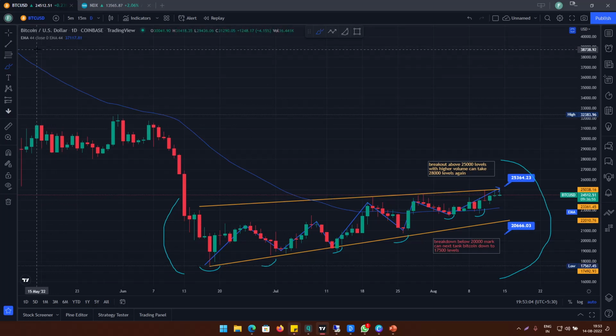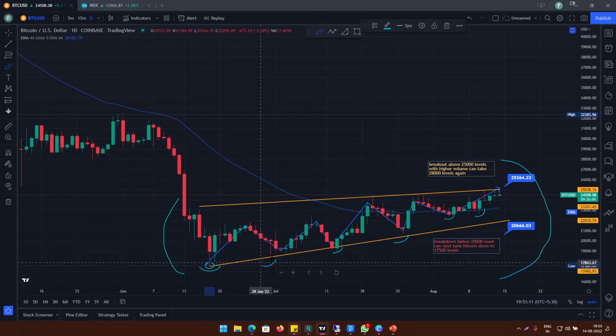Analyzing this, Bitcoin is continuously making higher highs. You can see I'm drawing it out for you all. These are the higher lows, and you can see I have circled them. It's on a perpendicular run of higher highs.